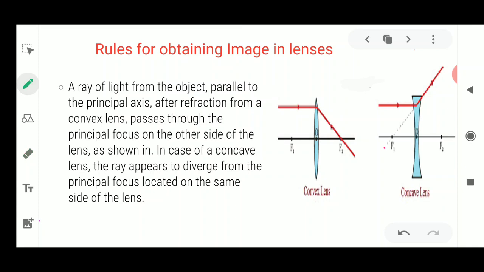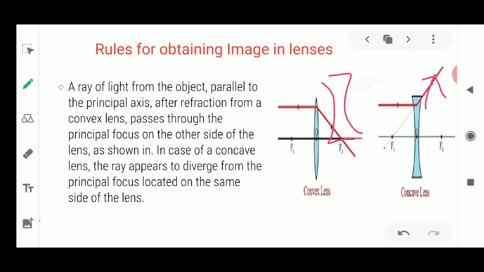Now, next, what happens in the concave lens? The concave lens has a curved surface inwards. The same rule is followed: the ray of light coming parallel to the principal axis is refracted, and as it is a diverging lens, it diverges from the lens.